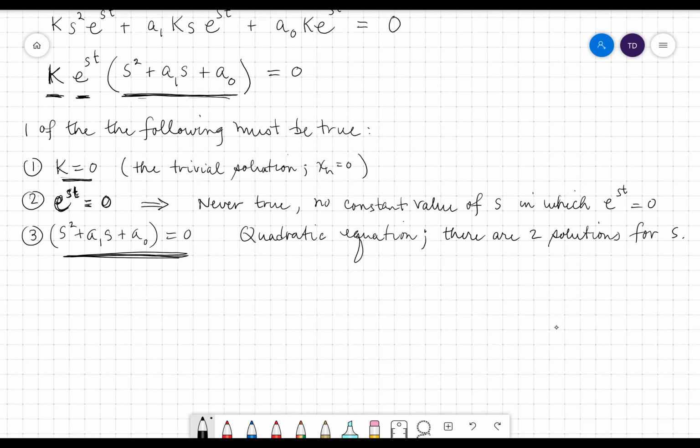This equation is so important, it gets a name. s squared plus a1 s plus a0 equals 0 is called the characteristic equation.